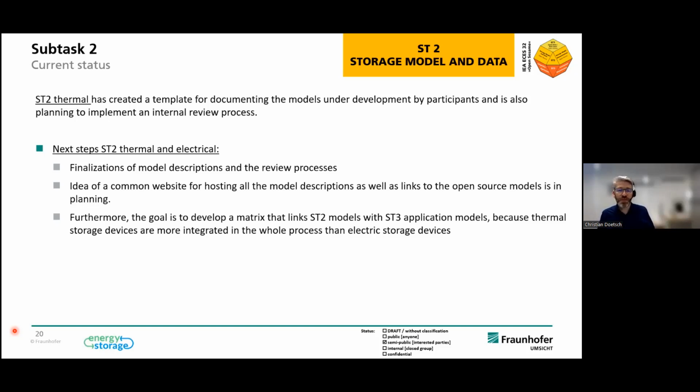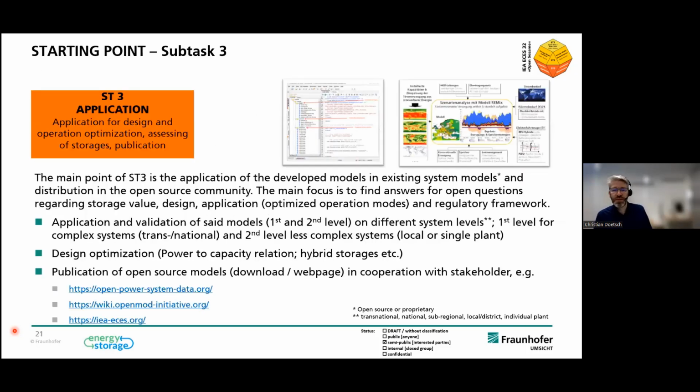At the moment, we have collected all the different existing models, and we have discussed how we could match subtask 2 with subtask 3, because subtask 3 is very combined with subtask 2 in this thermal field, because of this strong interconnection between the application and the storage model itself. So this is the way to go to subtask 3, the application there.